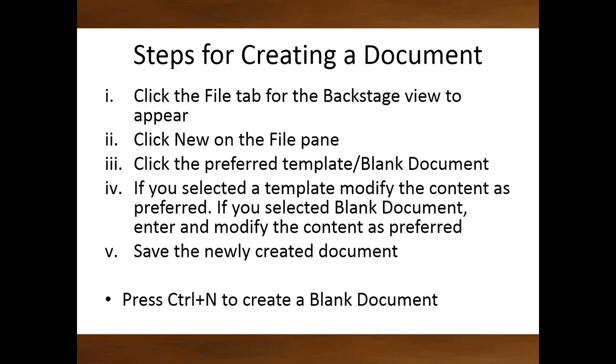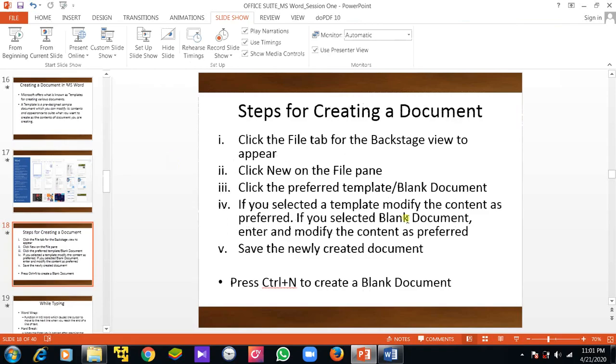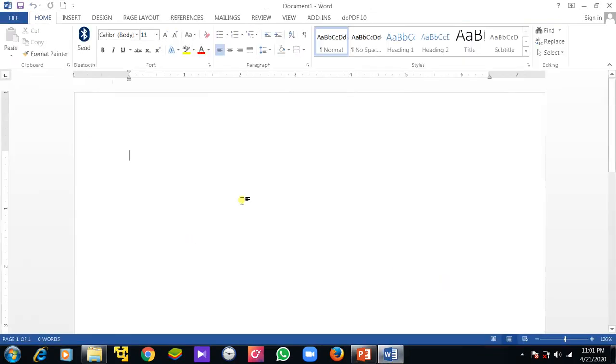When you see plus, it means keep your finger pressed on that particular key, and whilst your finger is still pressed on that one, press the next one. Okay, we have our blank document now.